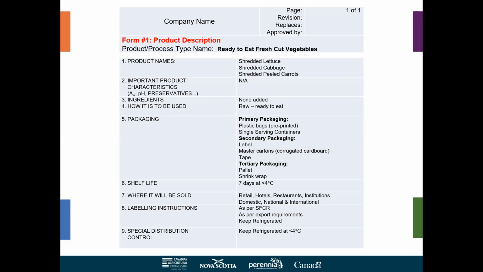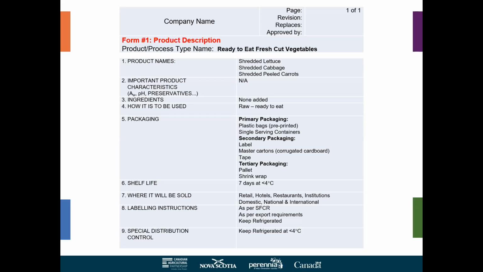So for this example, we're saying 7 days as long as it's stored at less than 4 degrees. Where will it be sold? Retail, hotels, restaurants, institutions. It's going to be sold domestically, nationally, and internationally. So how do we label this?